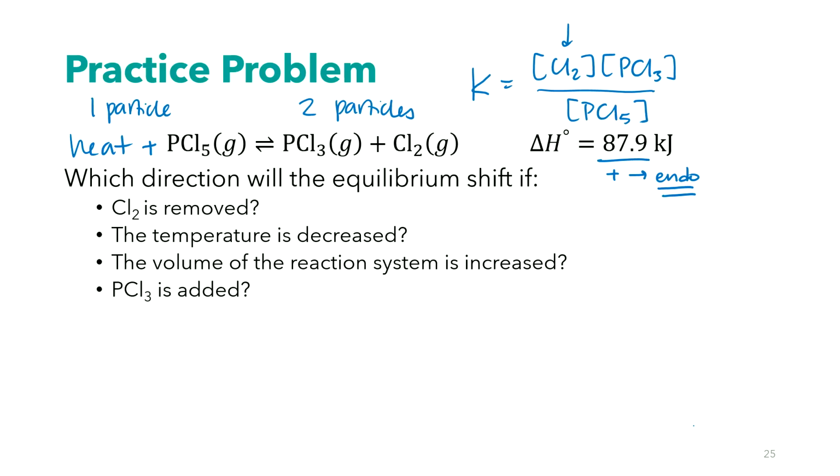I have just yanked out Cl2s. So now in this scenario, my Q is too small. My Q would be less than K. So to get back to equilibrium, I should make more products, which we usually talk about as a shift right.